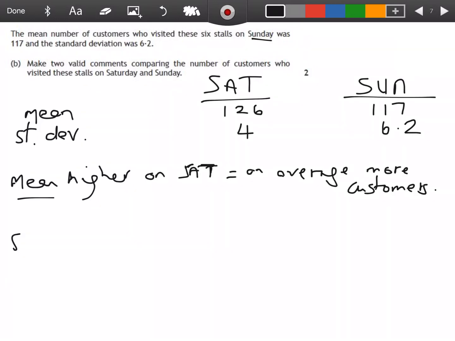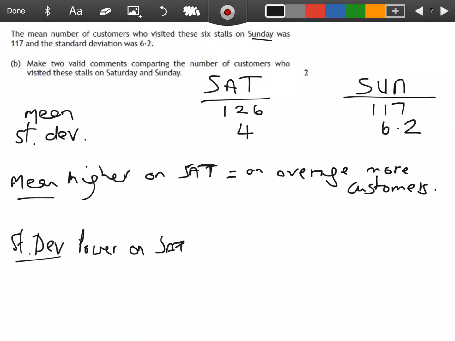Now we need to make a wee comment about the standard deviation. We could say the standard deviation on Saturday is lower or Sunday's is higher, as long as we put the correct statement. Remember, the standard deviation is a measure of how widely spread out the numbers are. It's a measure of spread. So we could say the standard deviation is lower on Saturday.